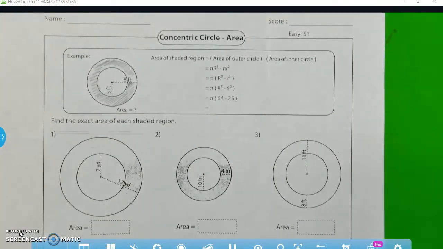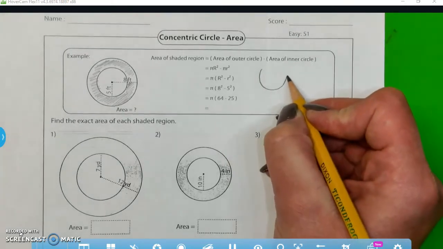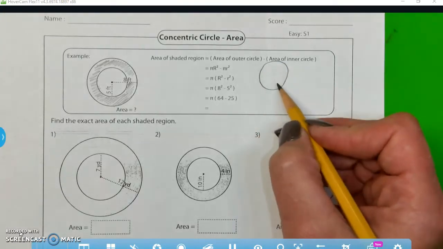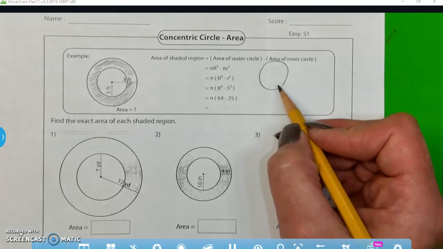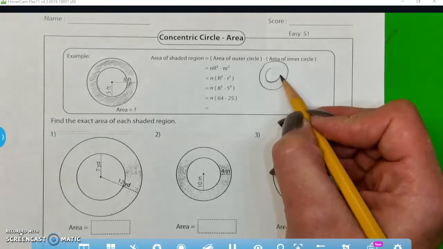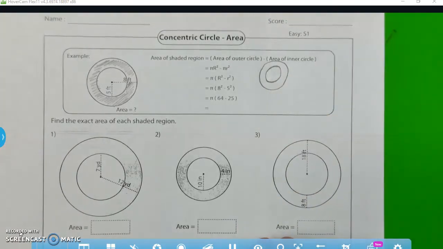It is a set of two circles. You had a large circle, and I know it looks kind of wonky, and then another circle was taken out of the larger circle.